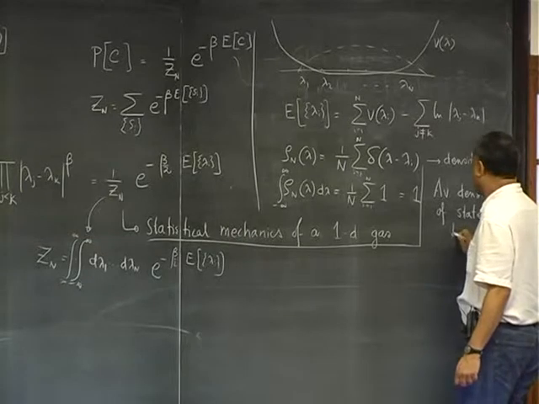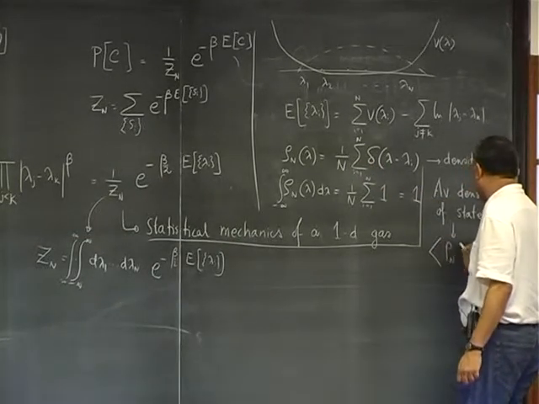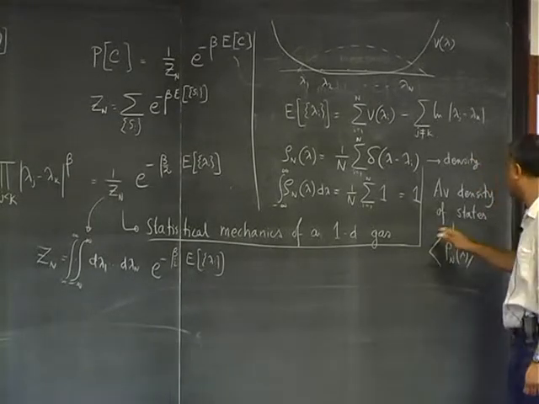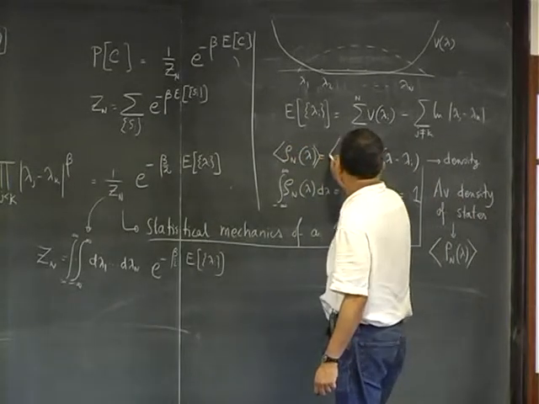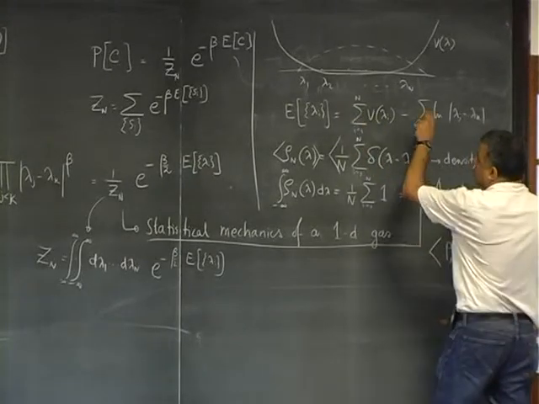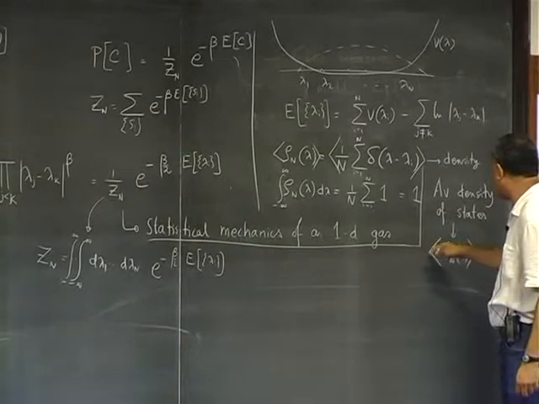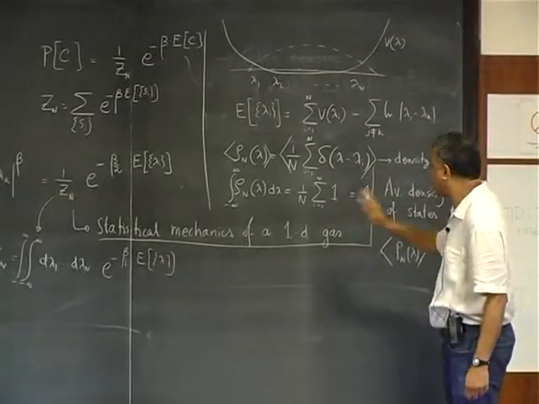Which is just the first moment of this, the expectation value of rho n lambda. Sometimes I will not write this bracket, but it just means the average value, and this angle bracket means averaging with respect to this Gibbs measure. But you will understand I'm talking about the average value.